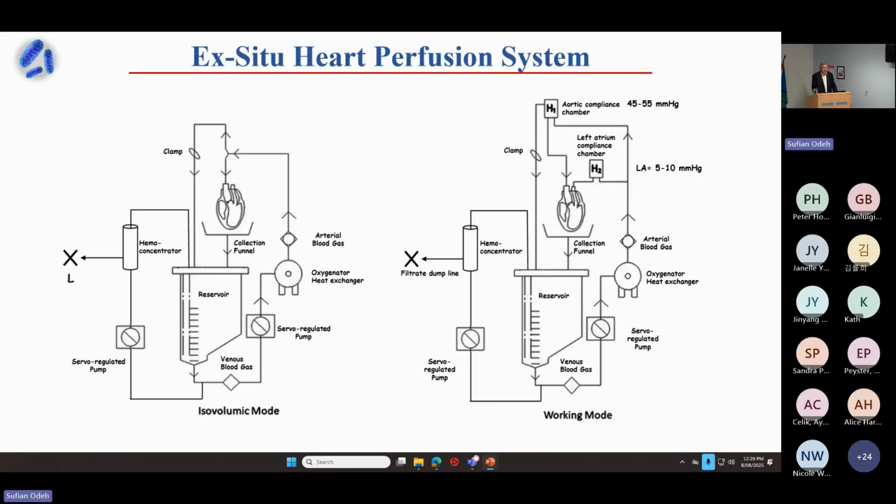The system essentially, here's the isovolumic mode where you just have blood perfused through the aorta, and then you can switch over to the working mode. It goes through a compliance chamber, and most of it is through the aorta still, but you get some going down through the left atrium, and the pressures are 5 to 10 millimeters of mercury, with a head pressure of 45 to 55 millimeters of mercury.